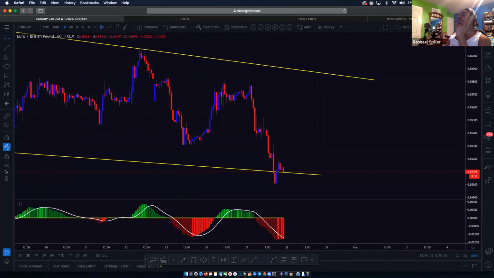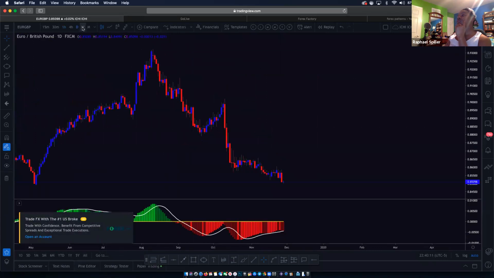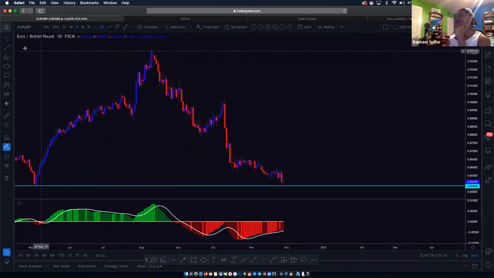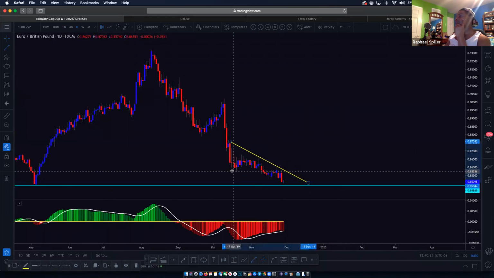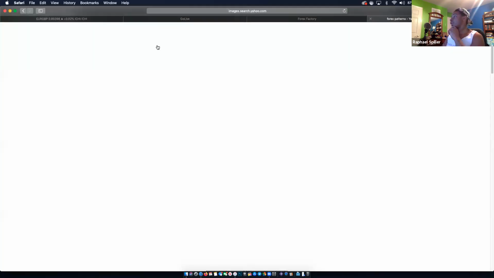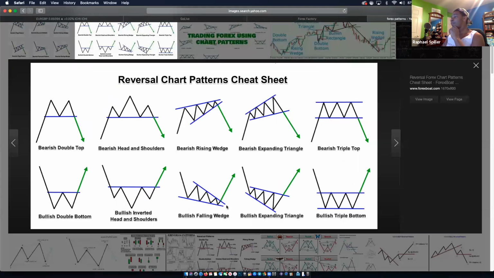Euro GBP. I like this a lot, you guys. So on the daily, I see a reversal pattern. Remember this reversal pattern right here. Bullish falling wedge. Remember, memorize these.